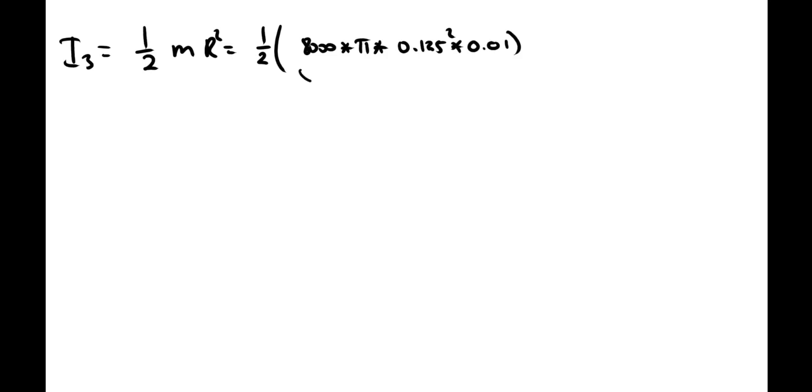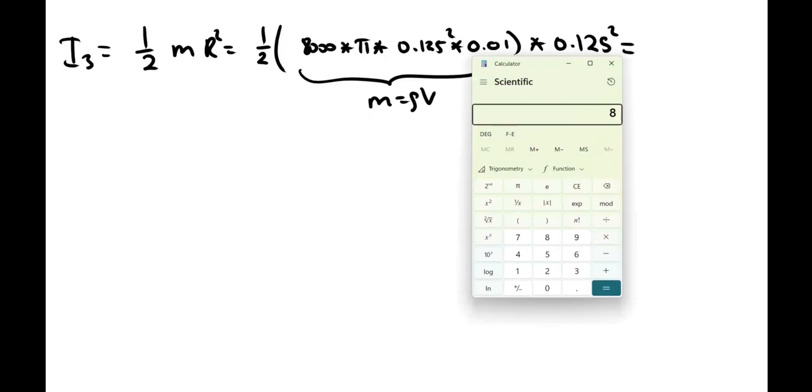Then there comes the I3 value, which is exactly the same stuff as here. That will be 1/2 m r squared, and that will be 1/2 times 8,000 times pi times 0.125 squared times 0.01. This part is the mass, which is rho times V, and then times 0.125 squared. Okay, let's do this calculation.